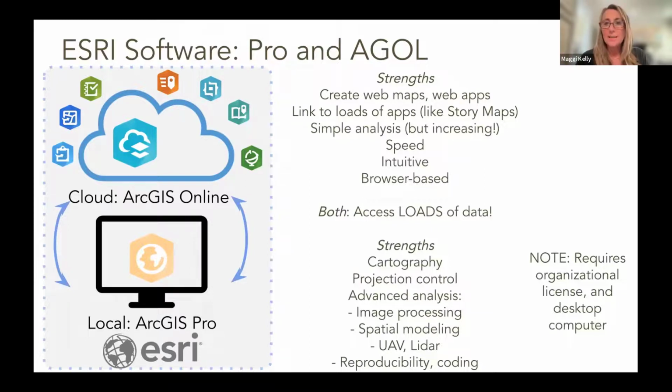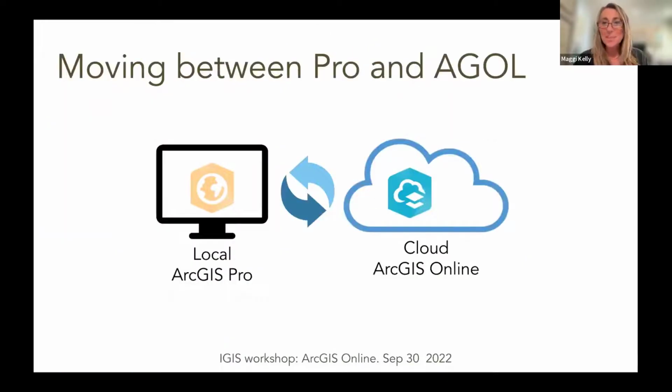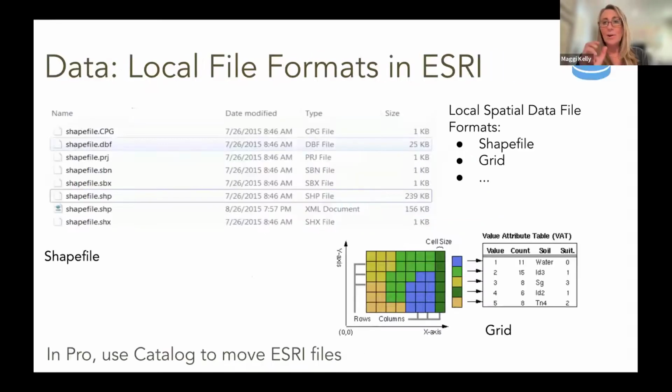So I hope you're getting the sense of how all of these moving parts fit together. But just to make sure we're all on the same page, when we move back and forth between local stuff and cloud stuff, so moving from Pro up to ArcGIS Online and back again, we have to talk about data and data formats. If you're typical GIS people out there who learned on desktop ArcMap or Pro, you're used to these kinds of file formats.